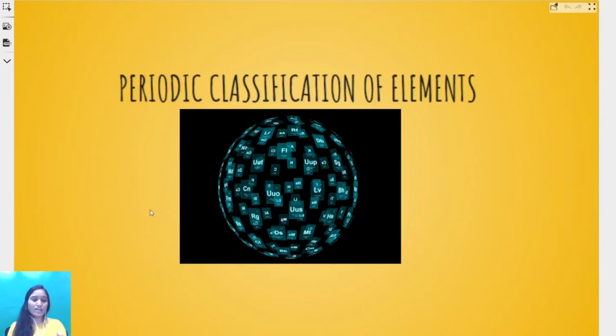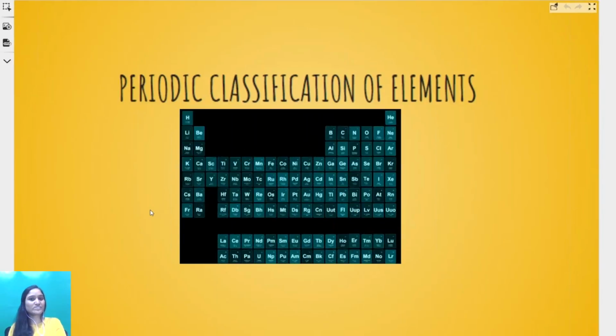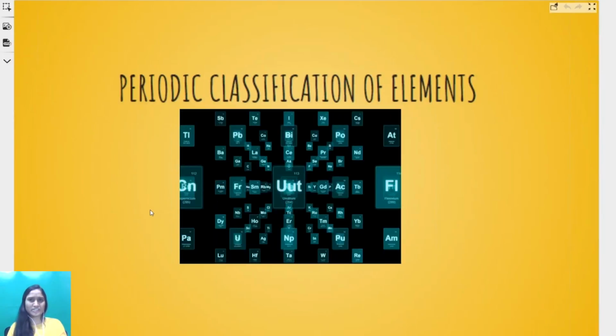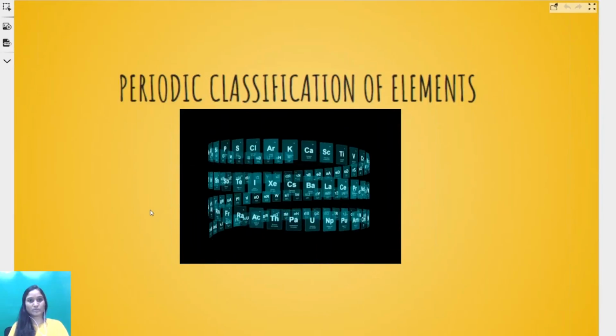But regularly, a few elements exhibit certain behaviors, and based on their regular behaviors, their regular trends, we arrange the elements of the periodic table in a proper, systematic, standard way. That's why periodic classification of elements. And about the term periodic, we're going to talk extensively in the class.